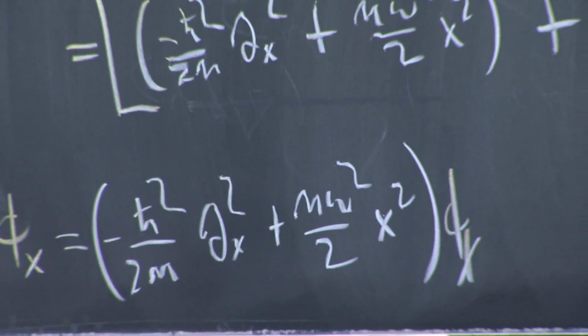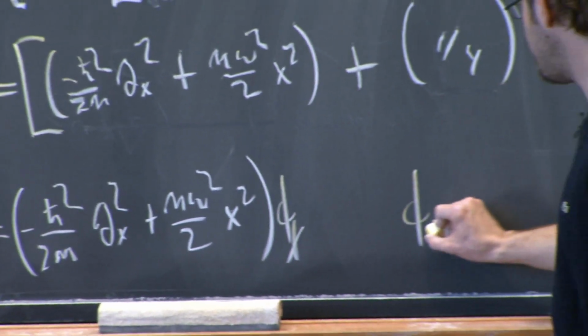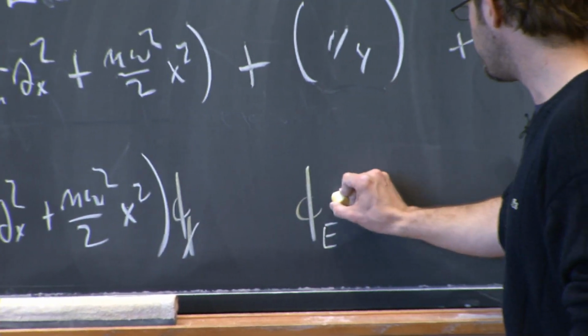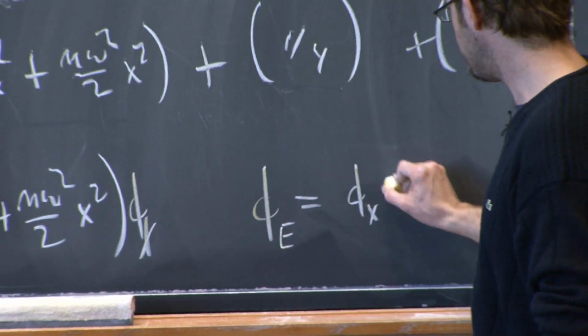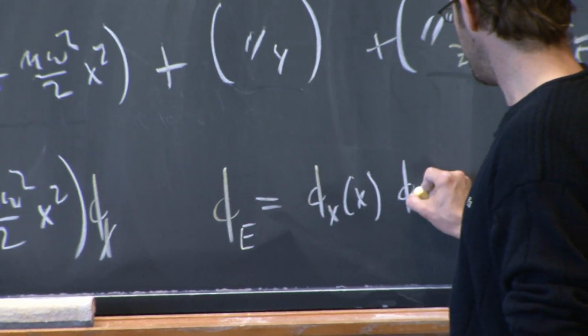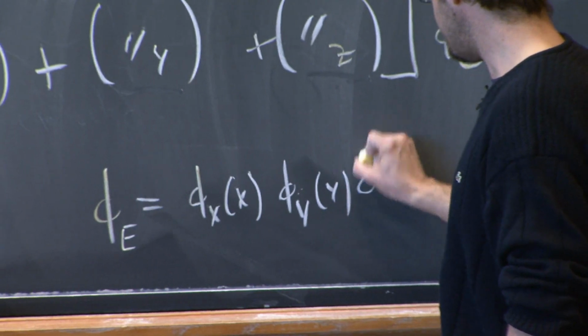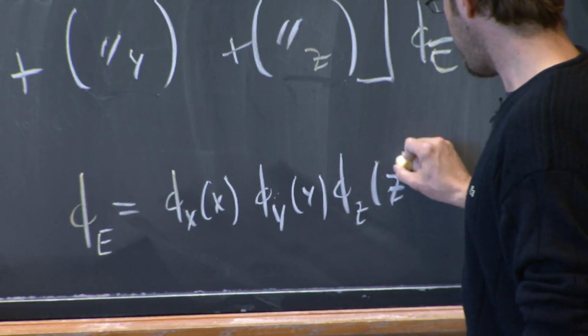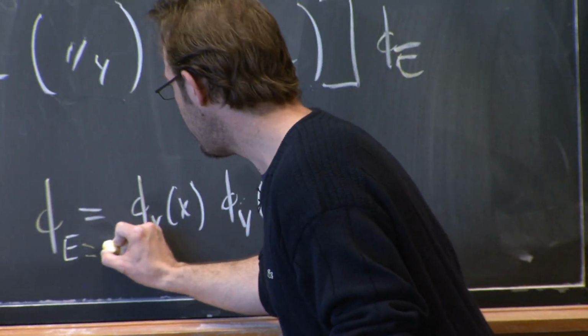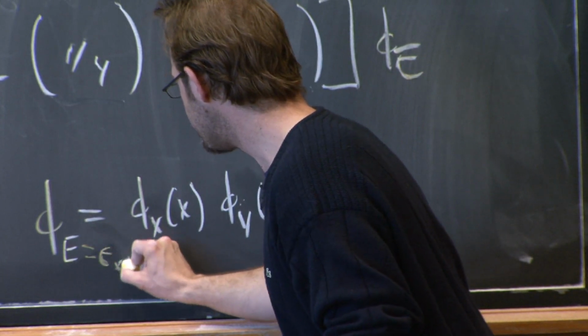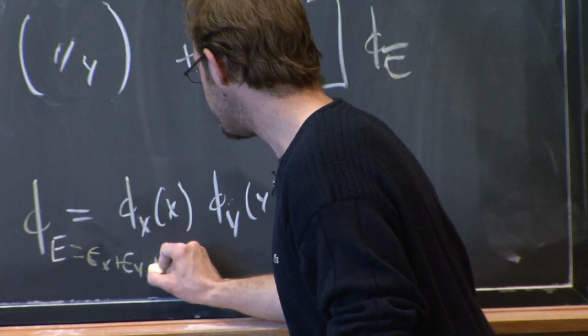And ditto for y and z. And then phi_E is going to be equal to phi_x of x, phi_y of y, and phi_z of z, where E is equal to epsilon_x plus epsilon_y plus epsilon_z.